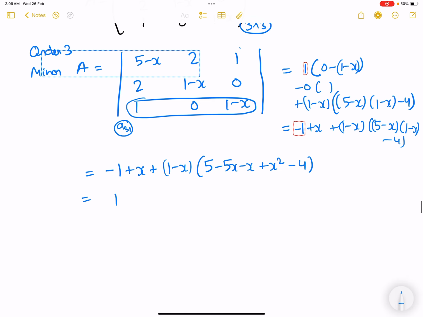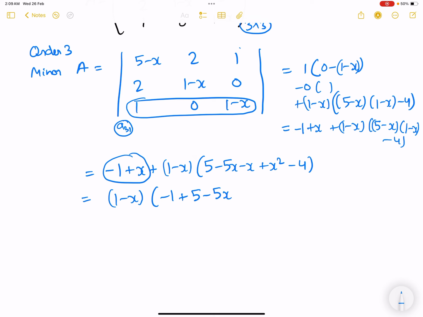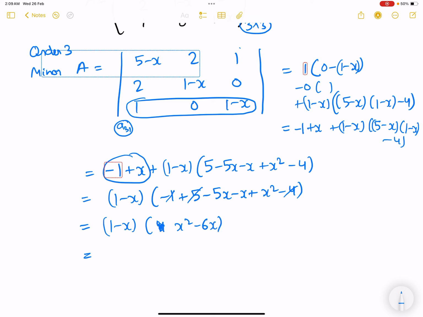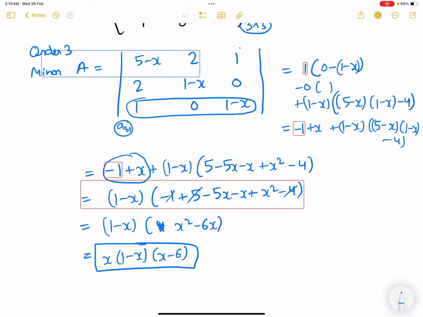If you take 1 minus x common, this becomes minus 1, plus 5 minus 5x minus x plus x square minus 4. So you can solve this. 5 minus 4, this cancels out. So you are left with x square minus 6x. So this is coming out to be x into (1 minus x) into (x minus 6).